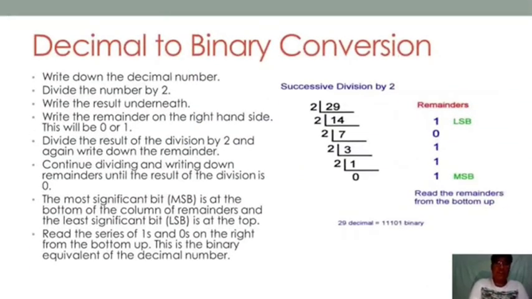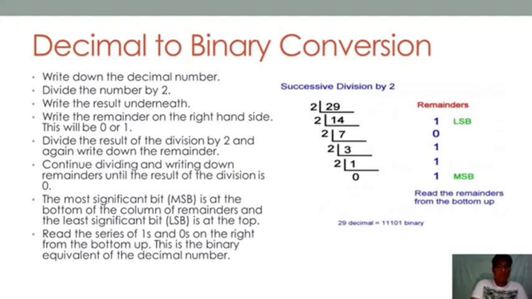Next is the decimal to binary conversion. These are the steps on how you convert decimal to binary. Write down the decimal number, divide by 2, write the result underneath, write the remainder on the right side, divide the result of the division by 2 and again write down the remainder.